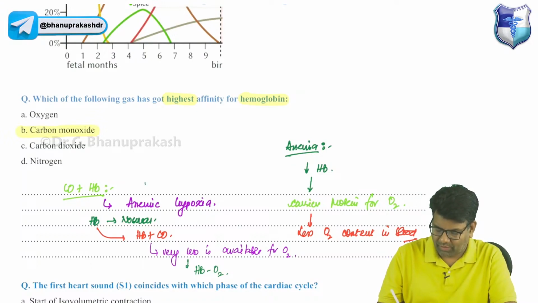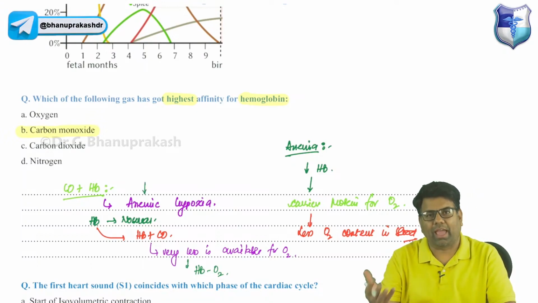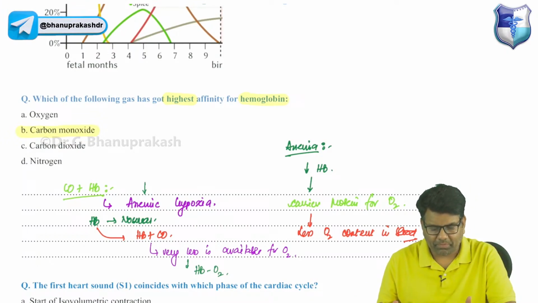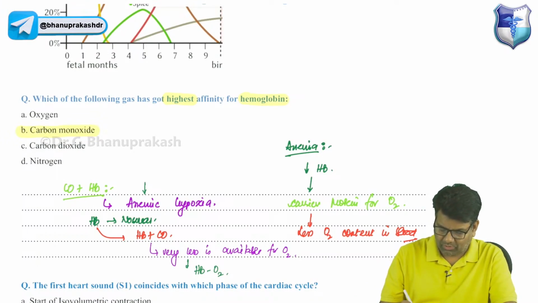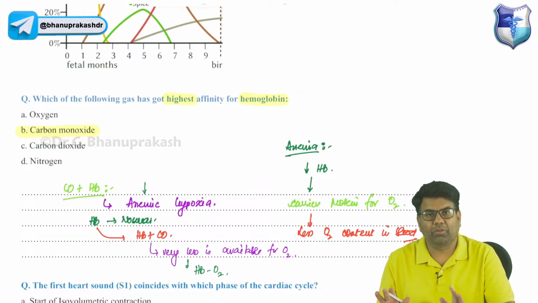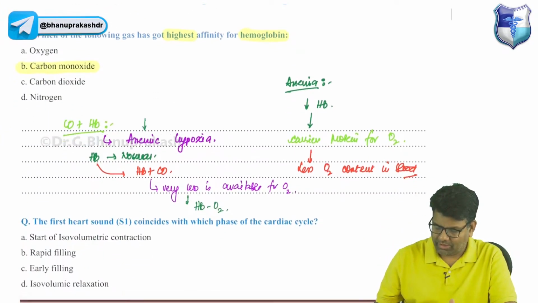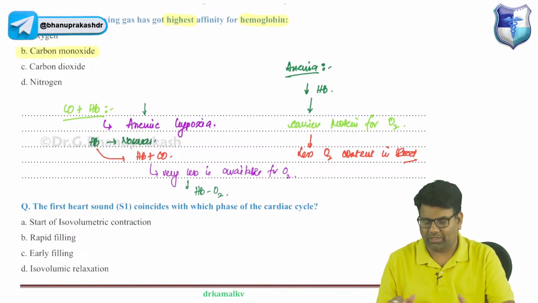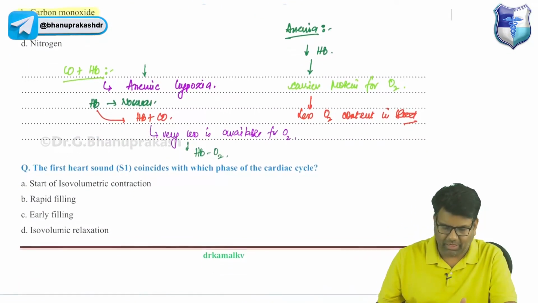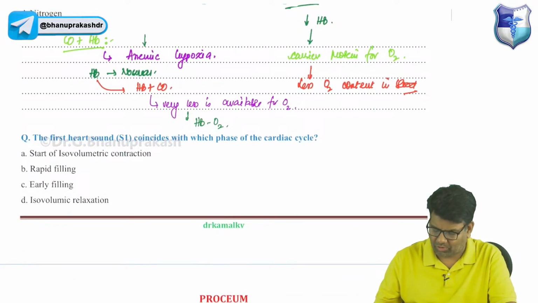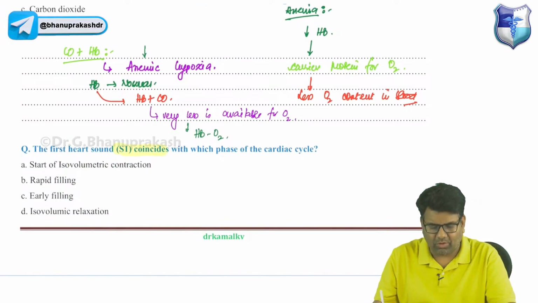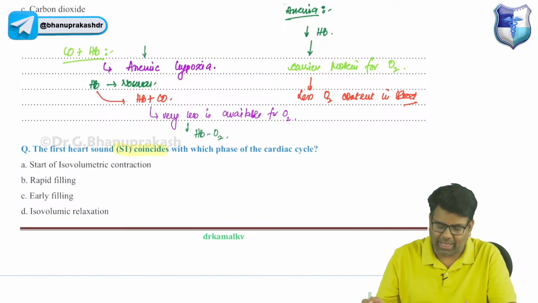So that gives a picture of anemic hypoxia, because the carrier protein is not available to transport the oxygen. So carbon monoxide poisoning will give you a picture of anemic hypoxia. Clear? Because some students might at times get mixed up with histotoxic. Not histotoxic, it's anemic. Cyanide is histotoxic.